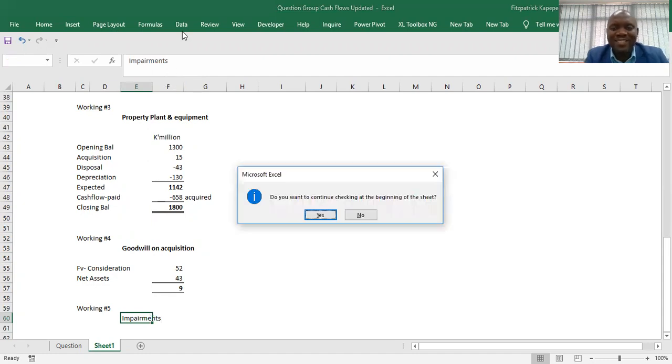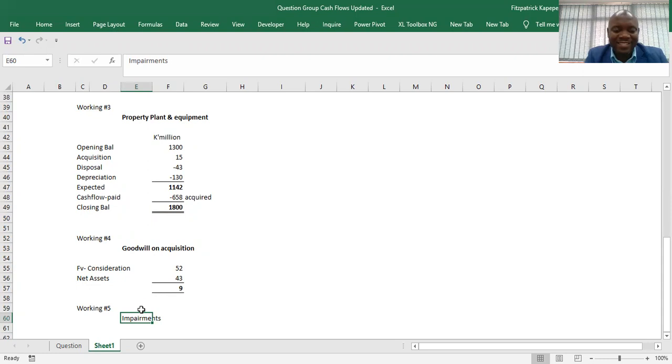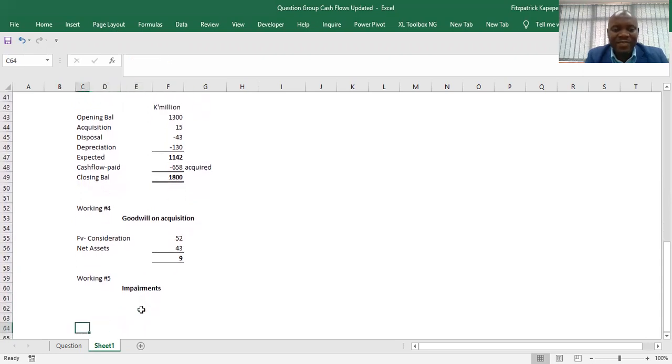Okay, it's fine. So here we'll look at the opening goodwill, the opening balance, which is basically the goodwill. So what's the opening balance? We can decide.